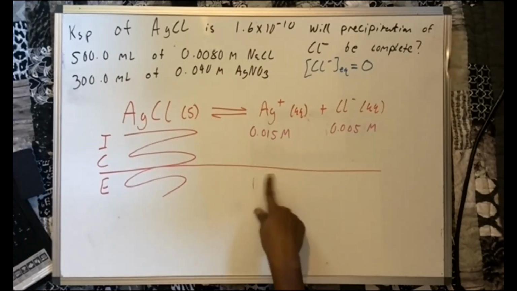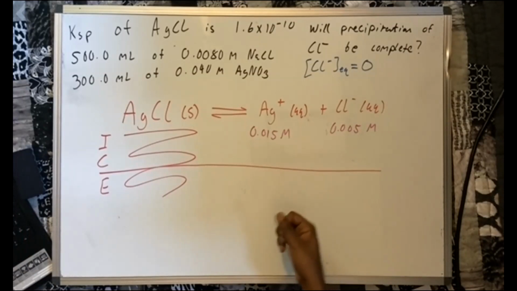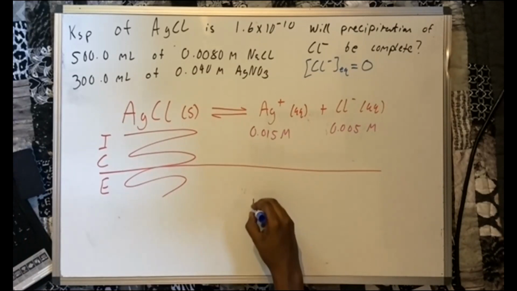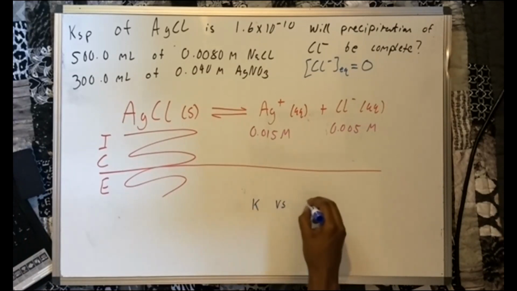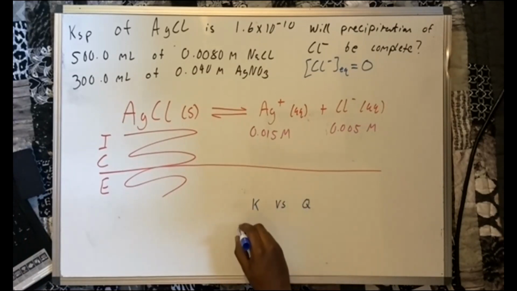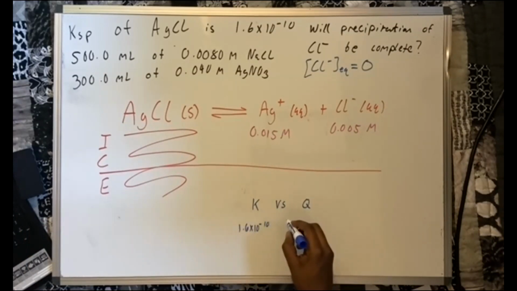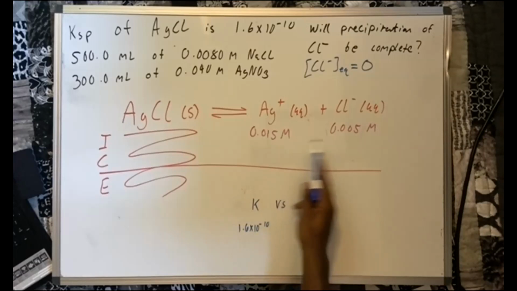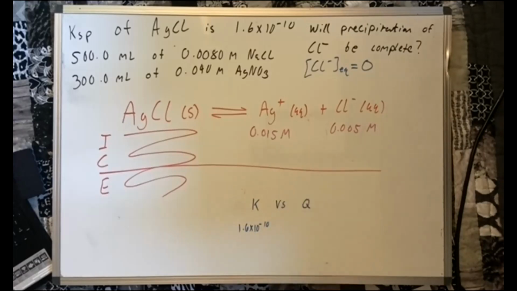Because I don't have zeros right there, so I can't just assume it's going to shift this way. So do our K and Q. So K versus Q. So 1.6 times 10 to the negative 10. And then Q is just those two times each other.